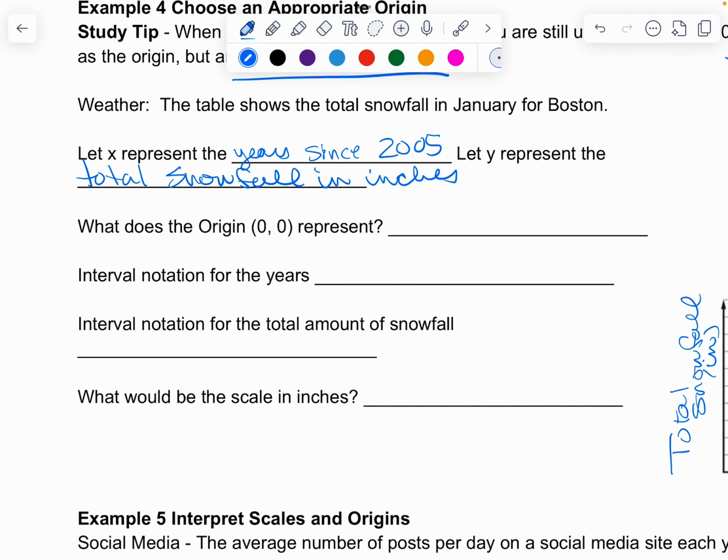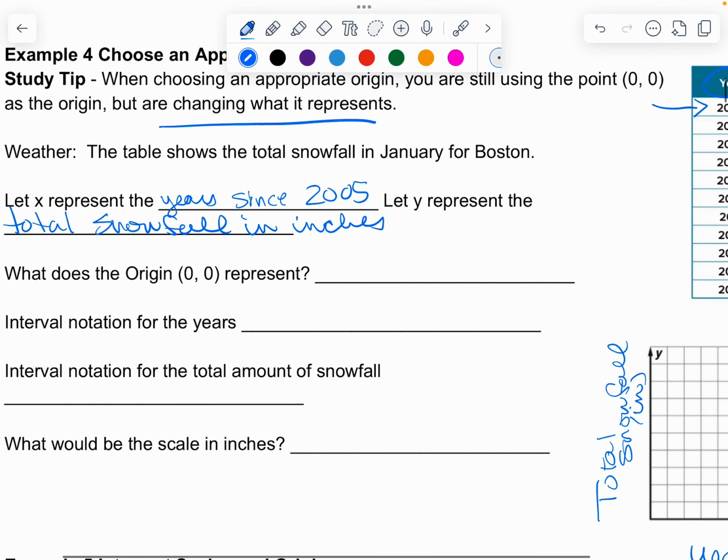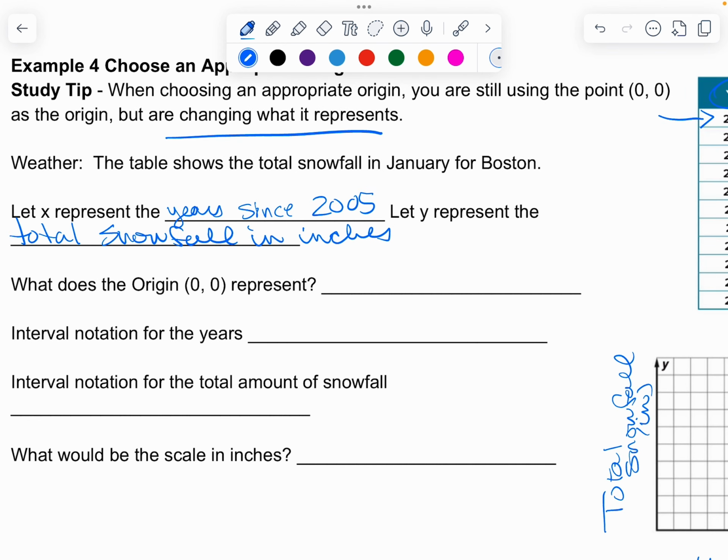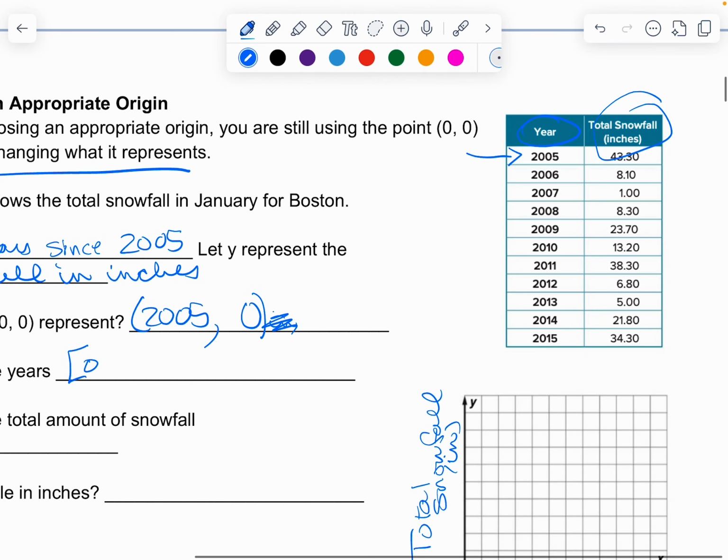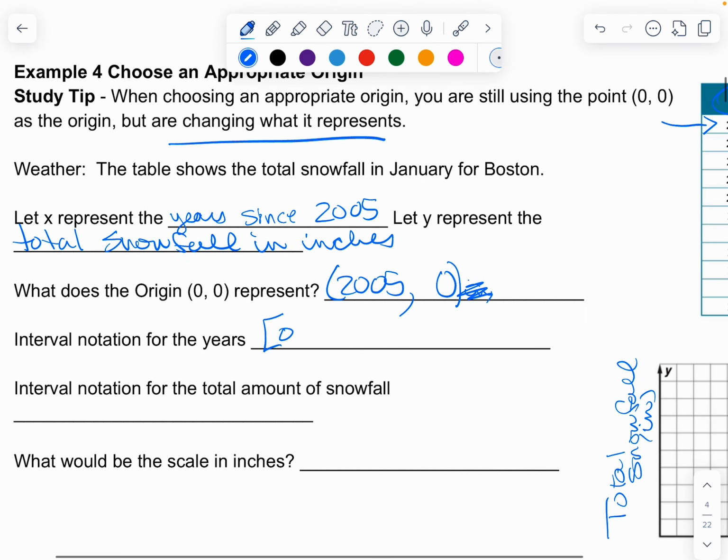Okay, so 0, 0 does not stand for year 0. It's standing for 2005 and 0 inches. Interval notation for the years: 0, 1, 2, 3, 4, 5, 6, 7, 8, 9, 10. 10 years.